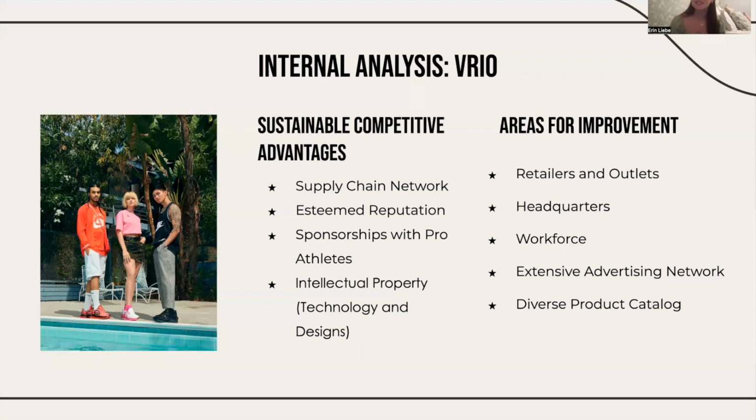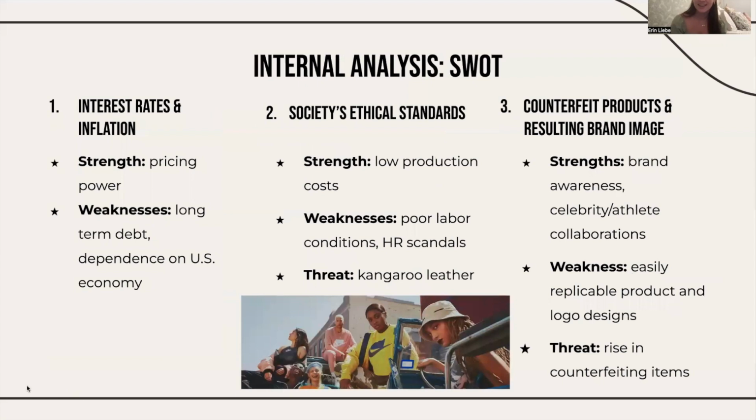Whereas Nike's extensive advertising network and diverse product catalog, it's not exactly rare or unique to the firm, which also keeps it from becoming a sustainable competitive advantage. So this is something that Nike could consider and look to improve upon in order to capture the value, make it more rare or less imitatable.